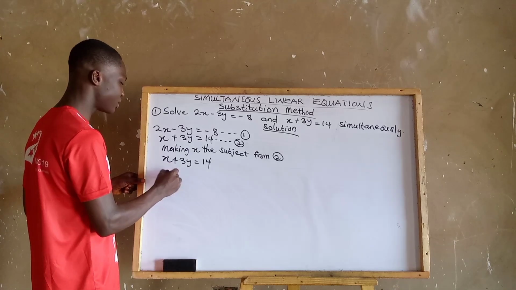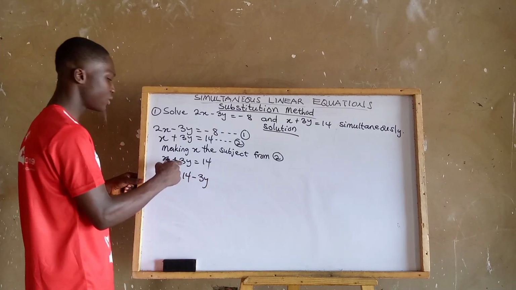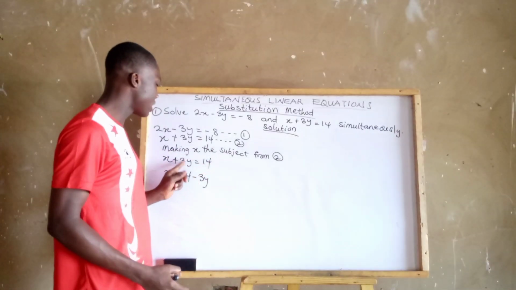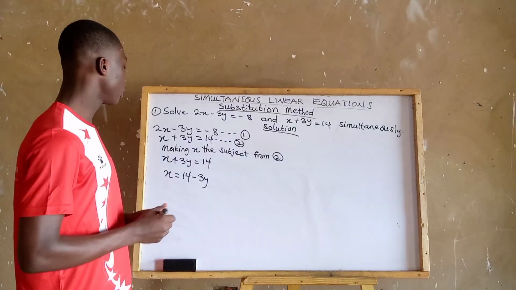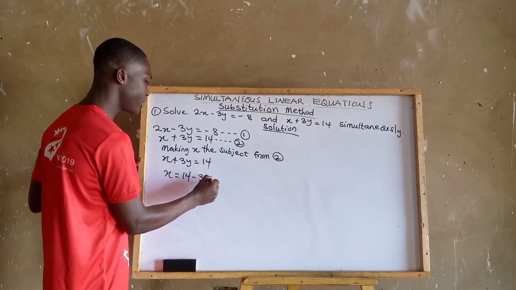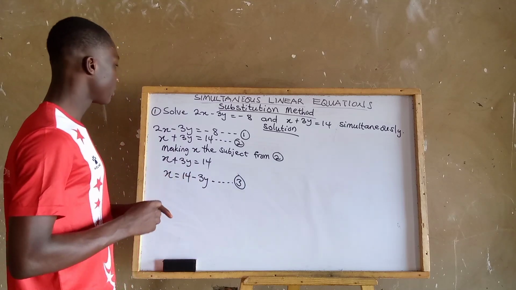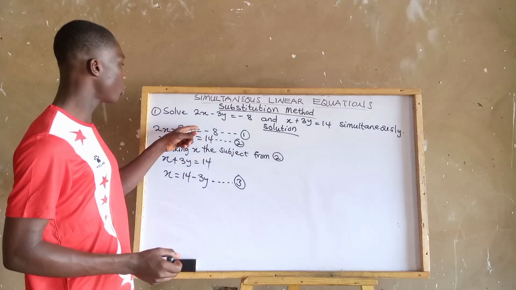So we have x is equal to 14 minus 3y, because we will transpose 3y to the right hand side of the equation to become negative 3y. Now, let's call this equation 3.